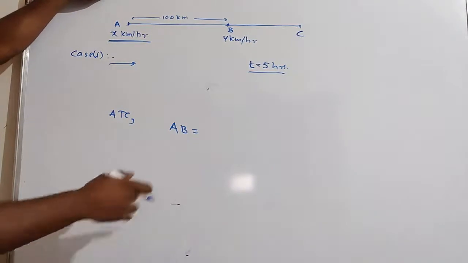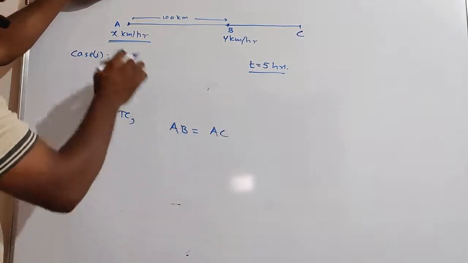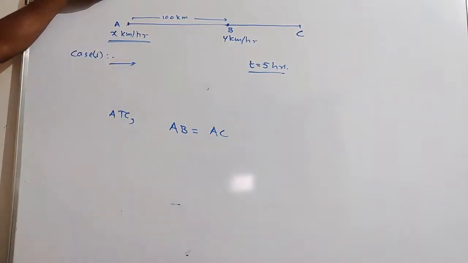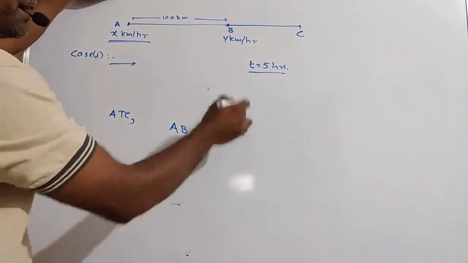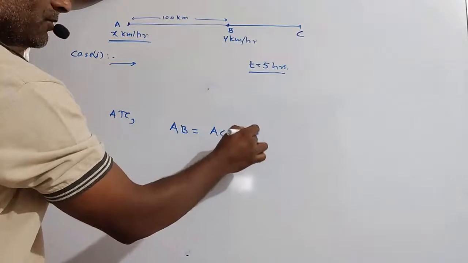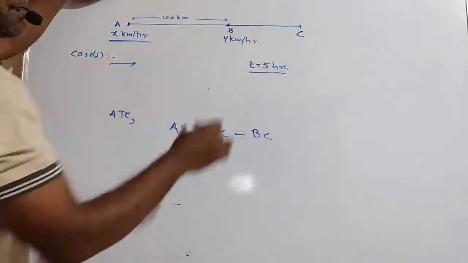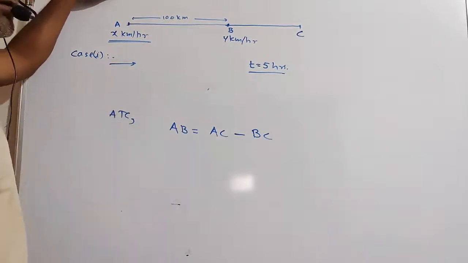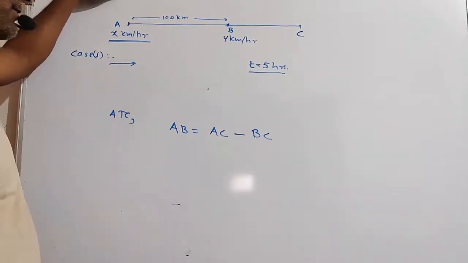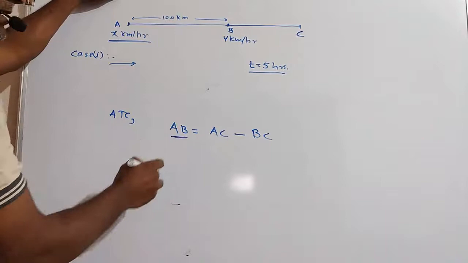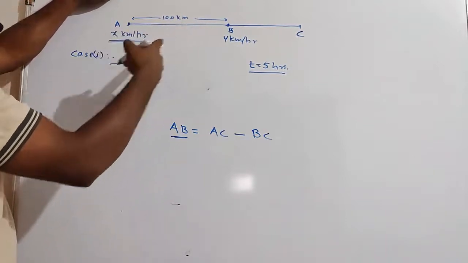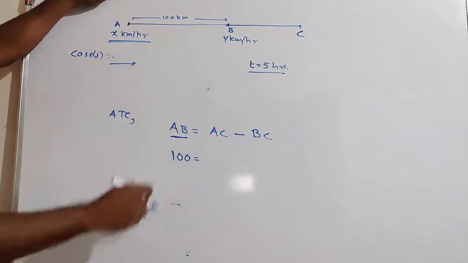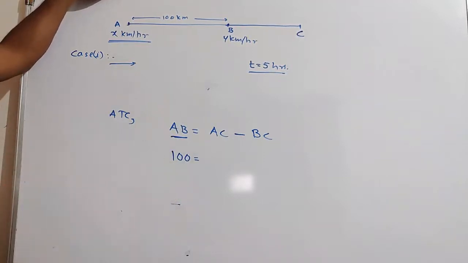AC is the distance covered by car A with a speed x km per hour, and BC is the distance covered by car B with a speed y km per hour. AB is given, AB is equal to 100 km. What will be the AC distance?